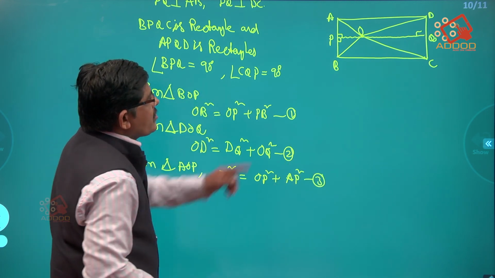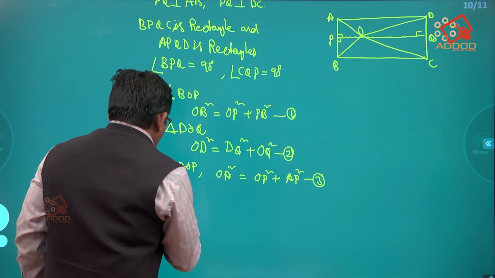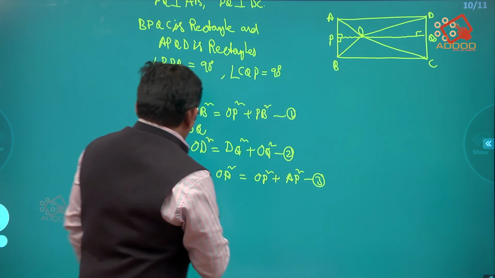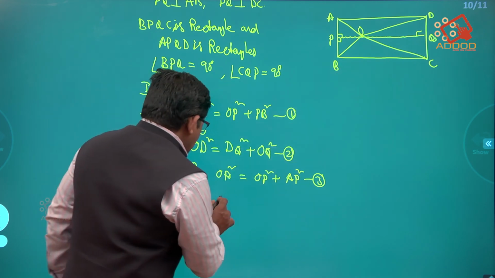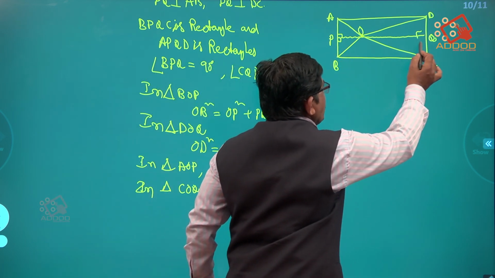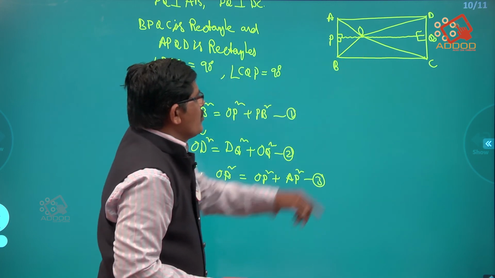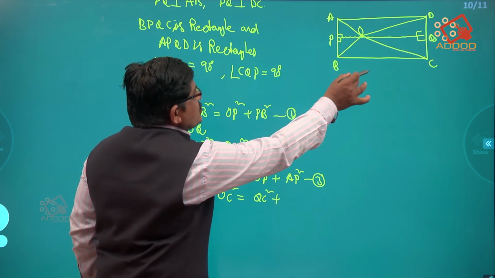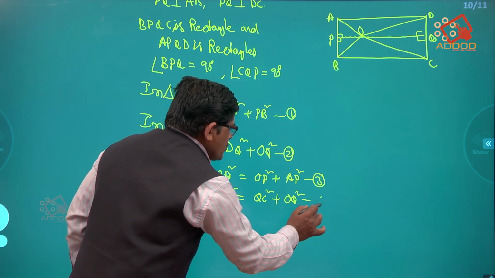And another triangle, triangle OQC, or COQ, angle COQ. In triangle COQ, angle Q is exactly 90 degrees. Therefore in COQ, OC square is equal to QC square plus OQ square. This is equation number 4.